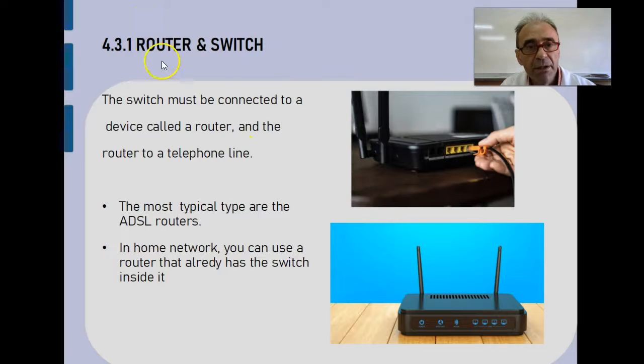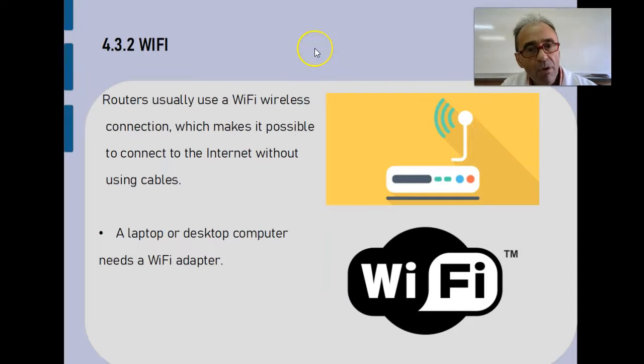The router makes the connection with the telephone line, and the switch is the one that connects more than one computer. Wi-Fi routers usually use a Wi-Fi connection that makes possible the connection to the internet without the need of using wires.